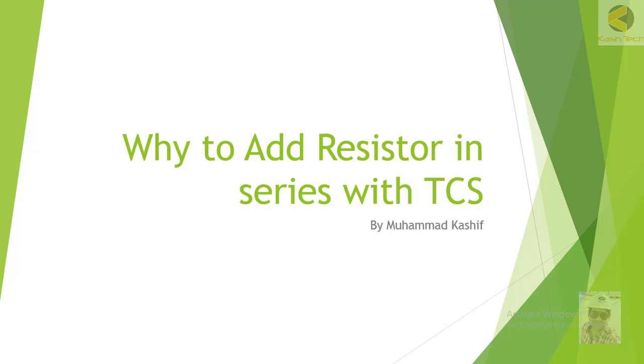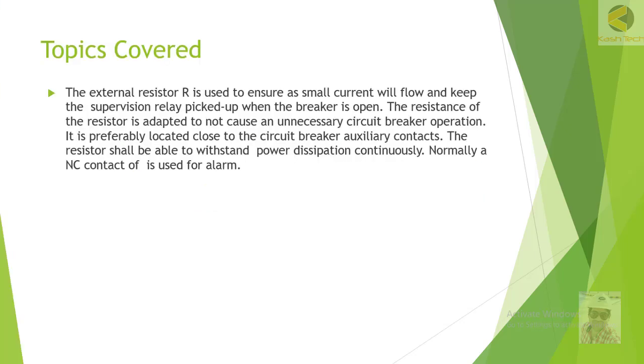So in this case you can see that a resistor is always added in series with each coil. The external resistor, written as R, is used to ensure a small current will flow and keep the supervision relay picked up when the breaker is open.